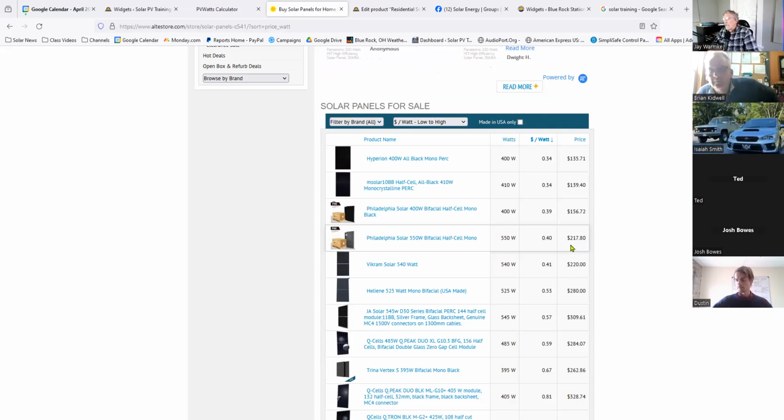Some of this is going to depend on the inverter we select, because let's say we go with a simple string inverter, then my assumption is going to be 20 panels. We're probably going to end up at 2 strings of 10 or 2 strings of 11. So do we want to go with 20 or do we want to go with 22? Well, I don't know, probably 20. That's a little closer to where we're at.